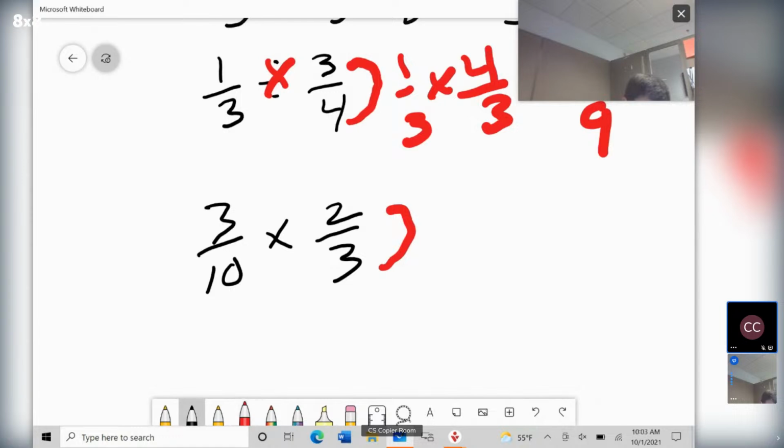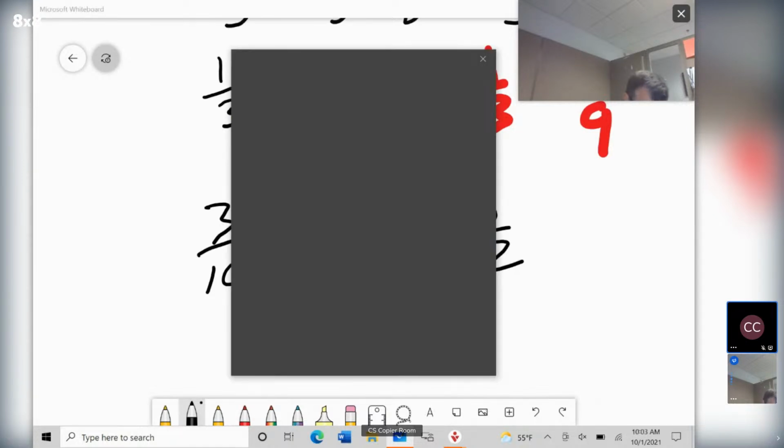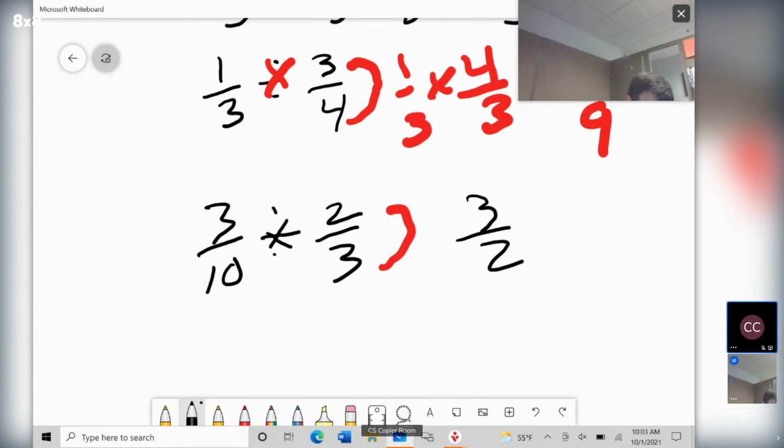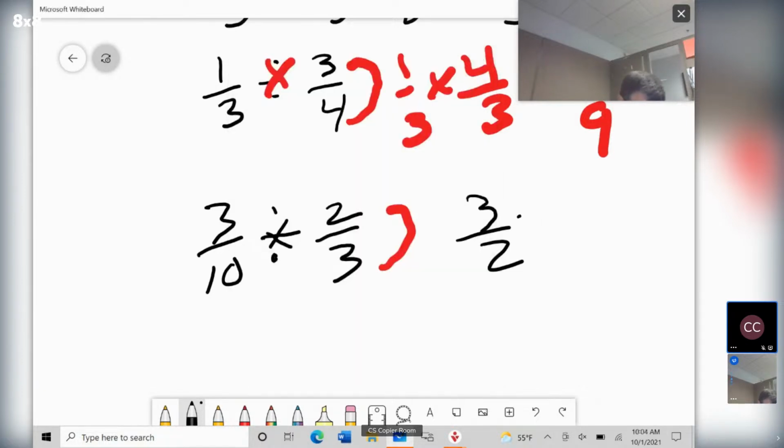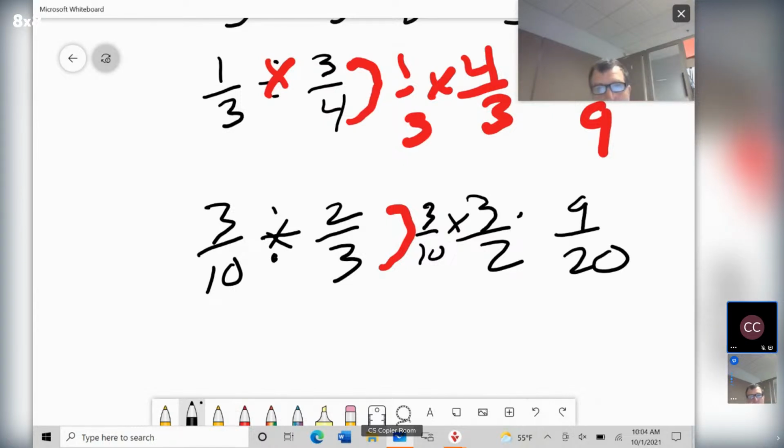We're going to make it a 3/2, and then I already flipped it, and then it's going to be a multiplication problem. So it's going to be 3/10 times 3/2, and then you're going to have 9/20. So really all it is is flipping the second fraction and turning it into a multiplication problem.